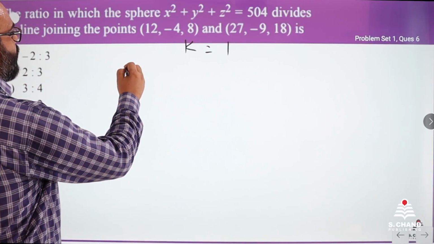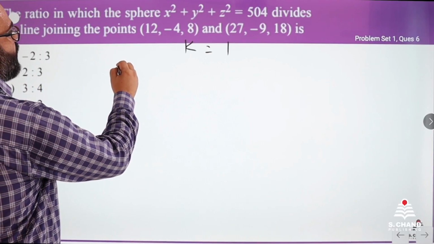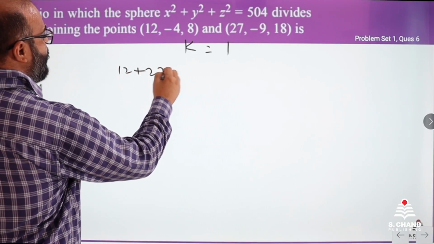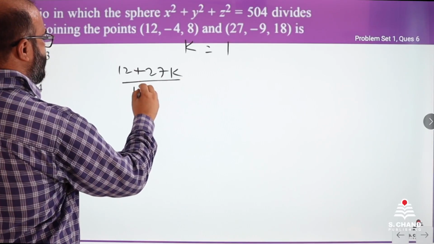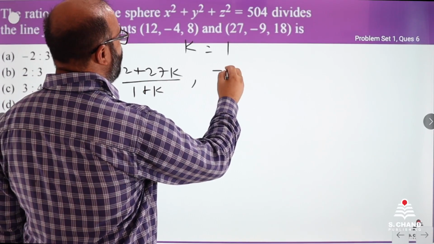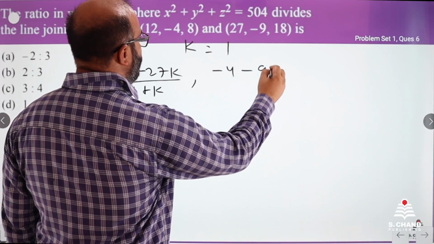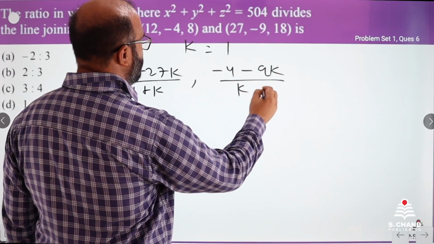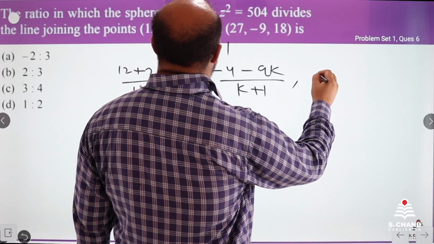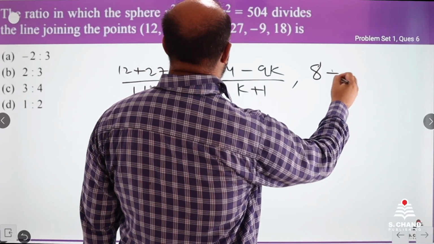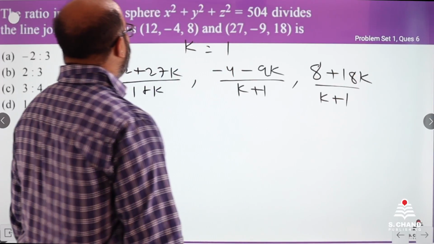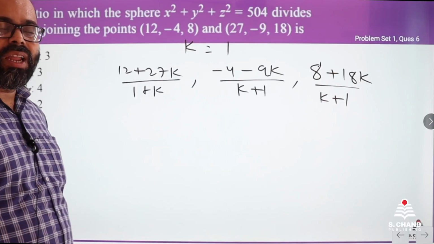So the point on the sphere will be 12 plus 27k by k plus 1, comma, minus 4 minus 9k by k plus 1, comma, 8 plus 18k by k plus 1. So these points lie on the sphere.